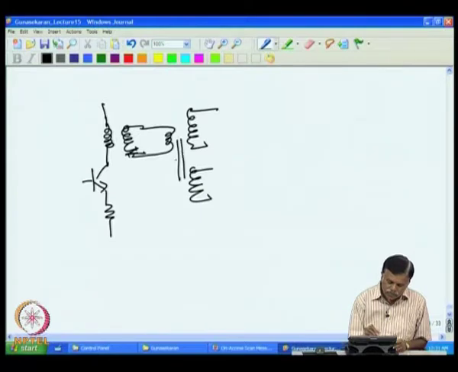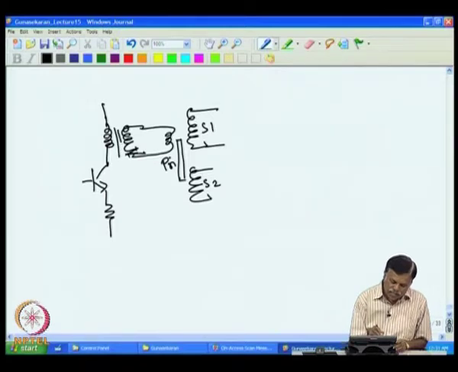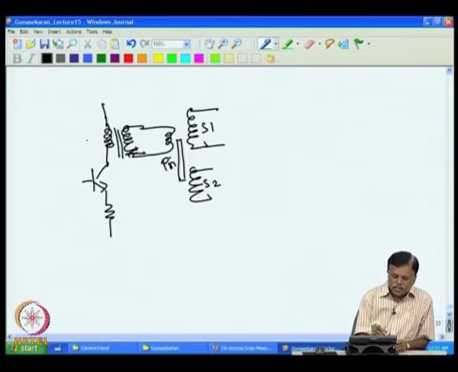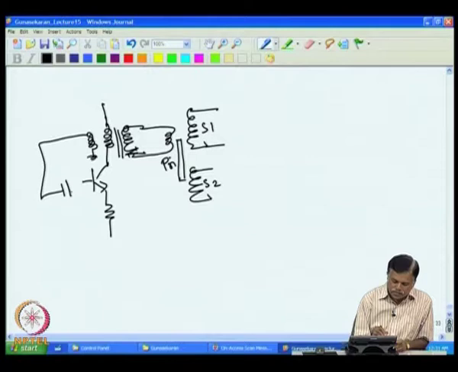So this is the primary of the LVDT, and that is the core, and this is S1, secondary 2. This is the transformer that we have, and in this we will also wind one more winding and then connect this.